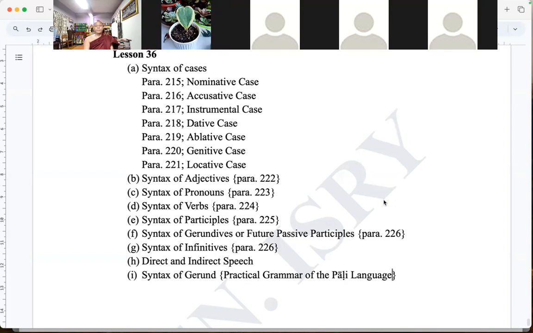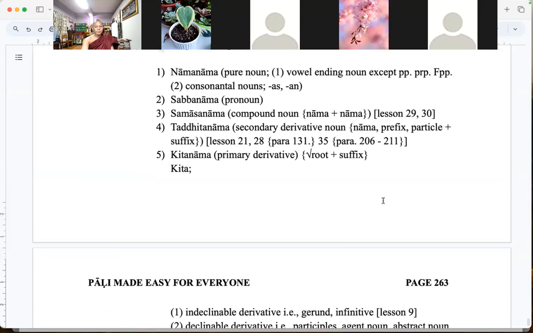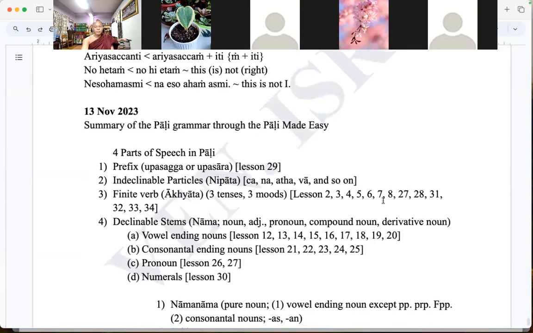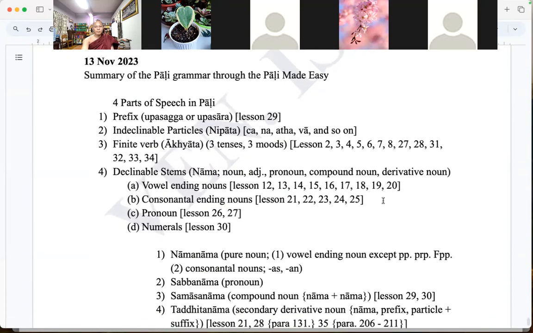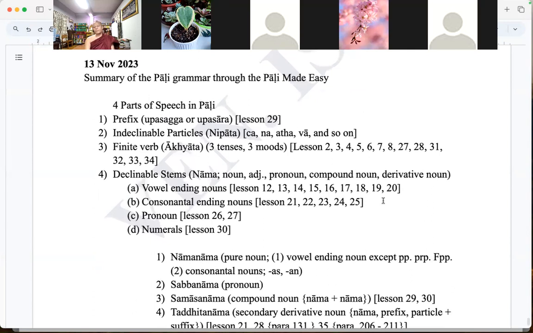Yes, Bante. So today with the review lesson from Bante, we also cannot imagine that we have already completed the whole very long list of items of the Pali grammar, for more than one year already.